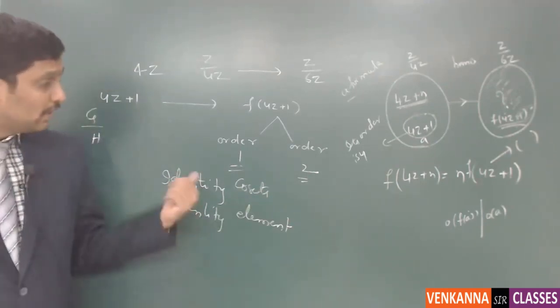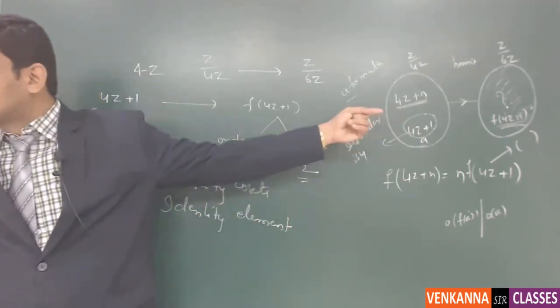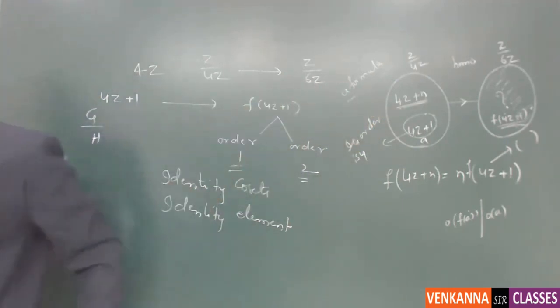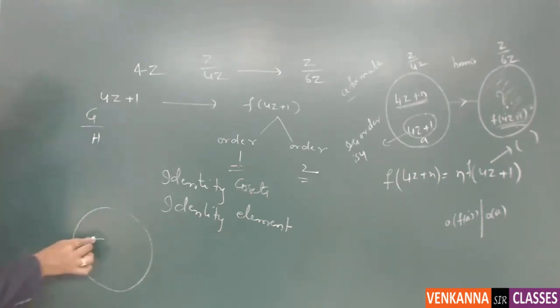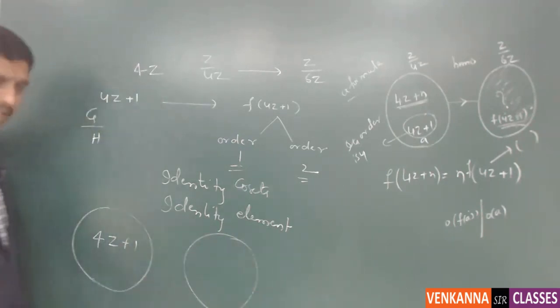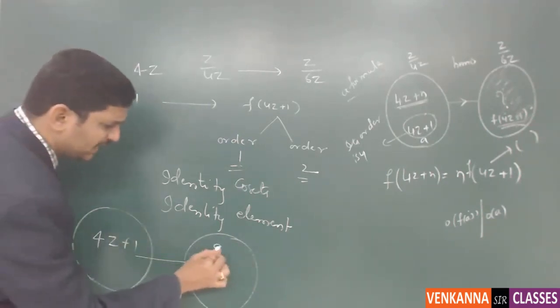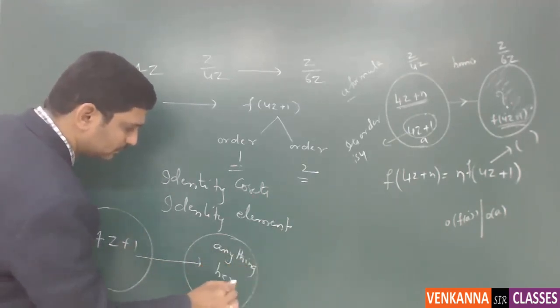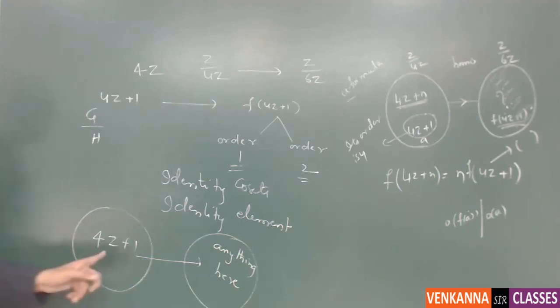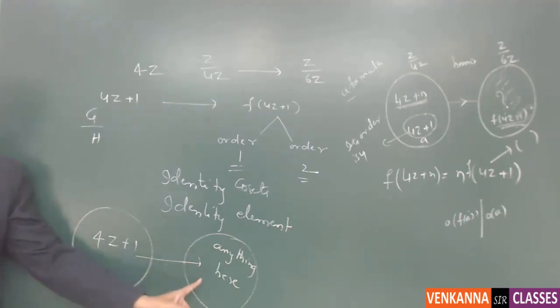Now tell me, what is the order of 6z there on the right hand side? So there you have struck it. I will tell again. See, if you take 4z plus 1 here, the image of 4z plus 1 is anything on the right hand side.